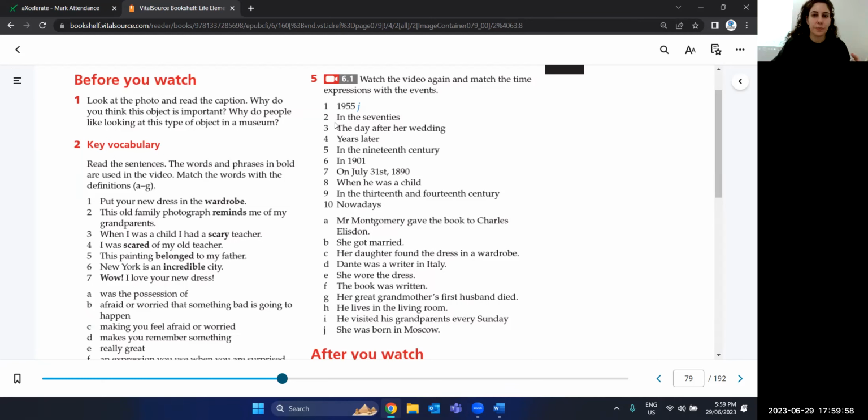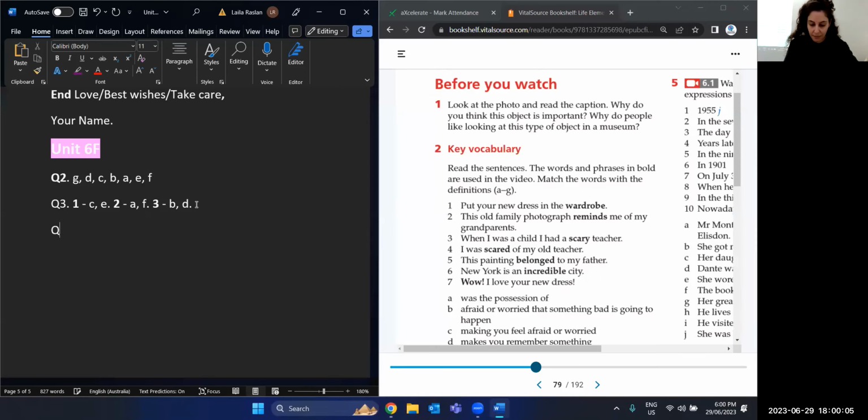Number 2, in the 70s is B. Yes, she got married. 2B. Number 3, the day after her wedding, E. She wore the dress.